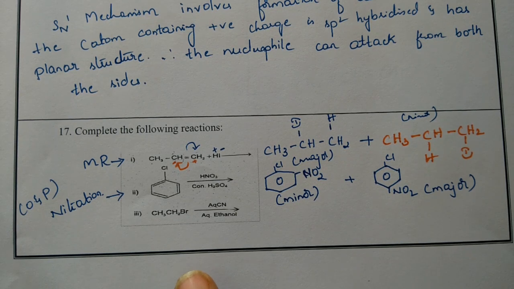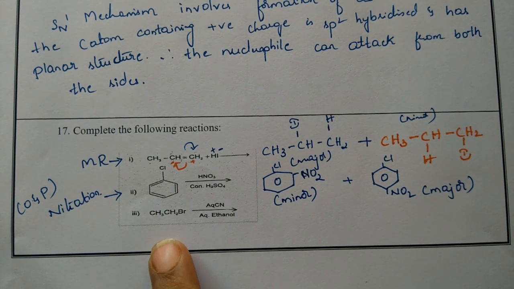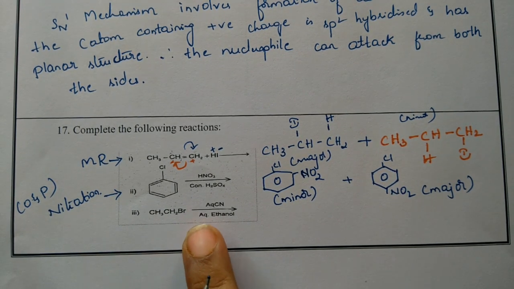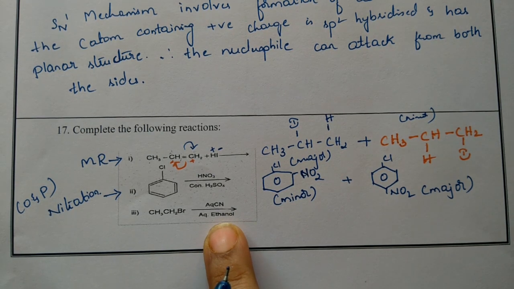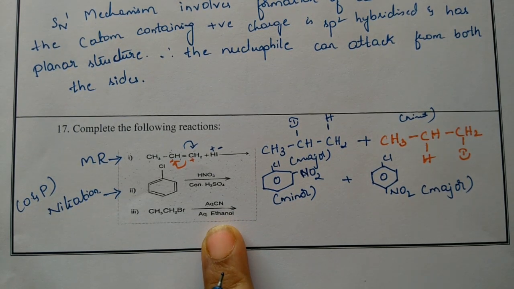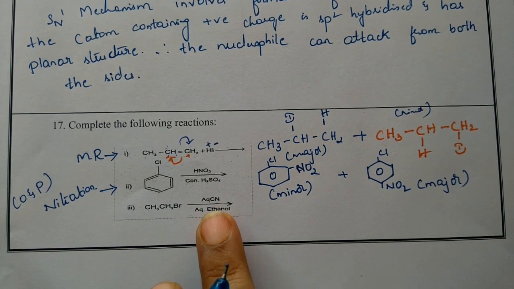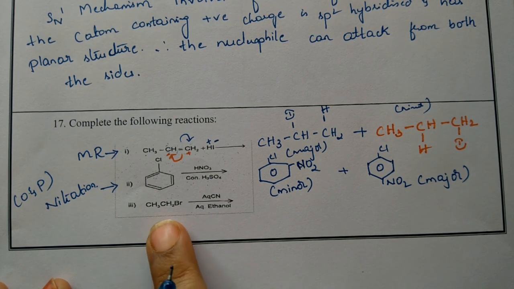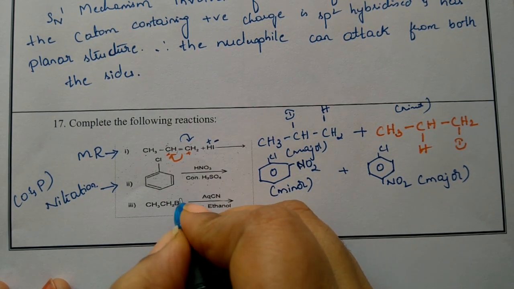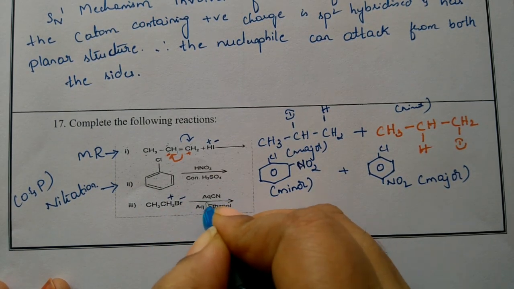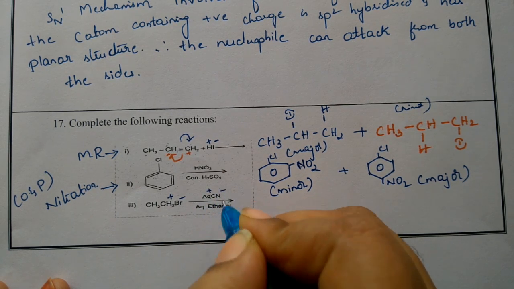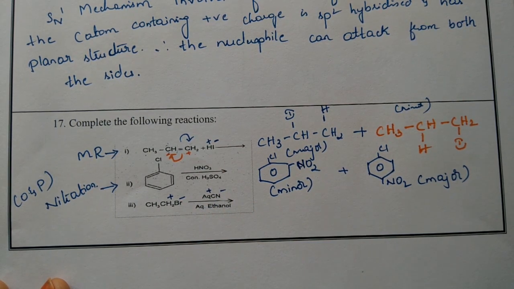The next reaction is CH3CH2Br with AgCN in the presence of ethanol, that is, in the presence of an alcohol. So we can write that as alcoholic AgCN. This dissociates as Br minus, and it is Ag plus and CN minus. But the thing is, the bond won't form through the carbon of CN minus.